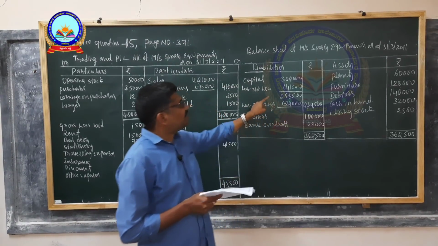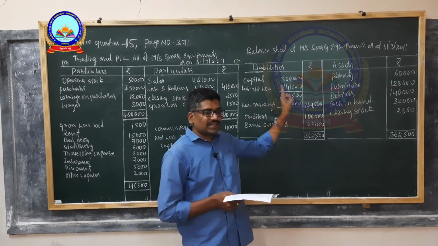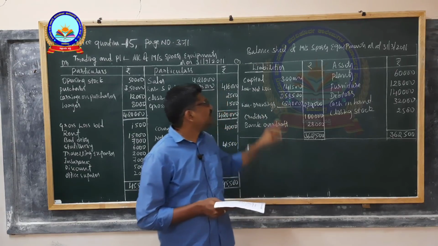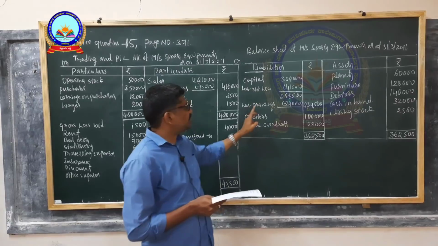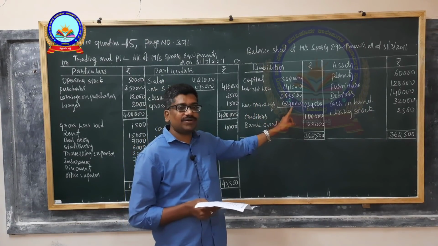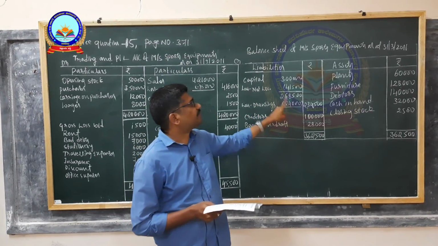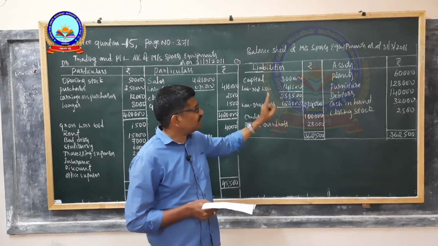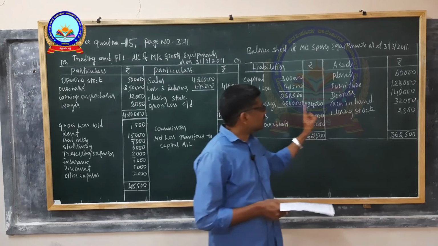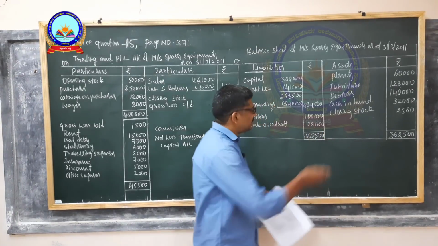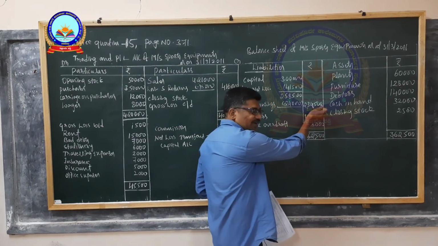After adjusting the net loss, available capital is 2,58,500. Less drawings, which is rupees 24,000. If we subtract the drawing from available capital, the remainder will be 2,34,500.